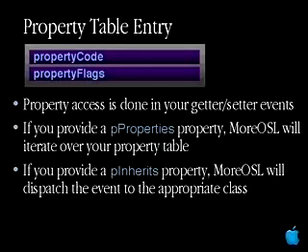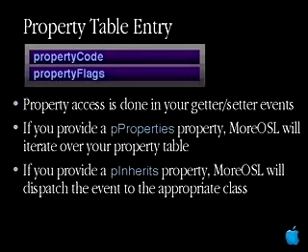If you provide a p-inherits property in your terminology and you put it in your property table entry, more OSL will automatically look in your container classes for properties that you don't support directly. So if I have, like in the Finder, there's an item and a file, and items have names. Files don't have names.